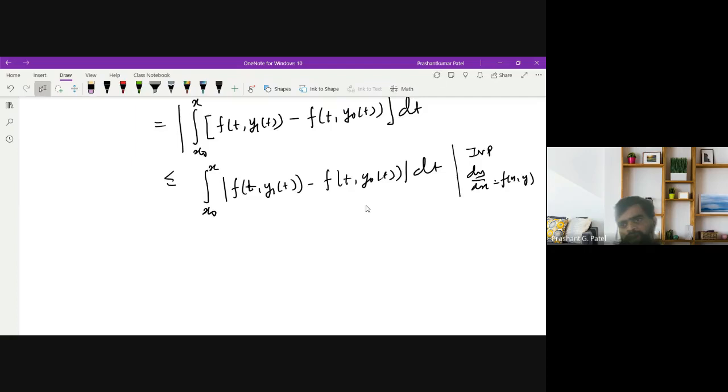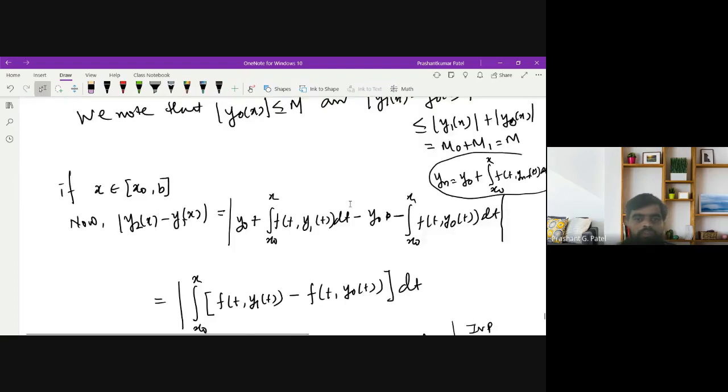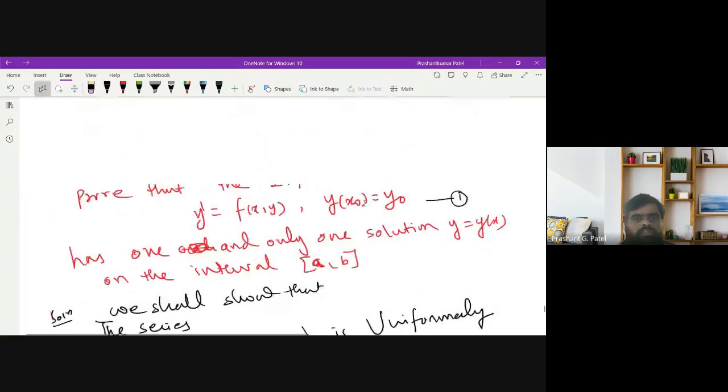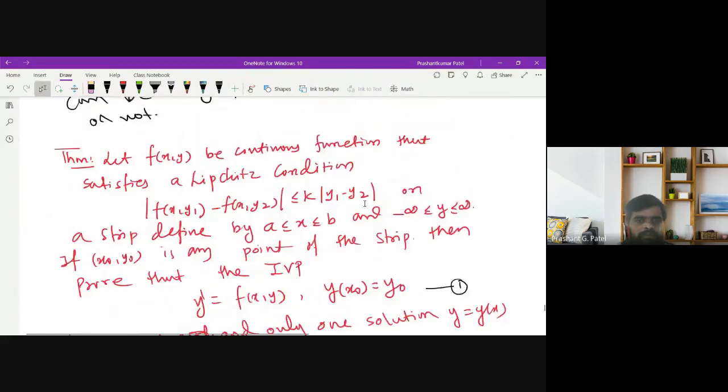Okay, so we have assumed that this satisfies the Lipschitz condition, that means mod of f(x, y1) minus f(x, y2) is less than or equal to k times mod of y1 minus y2.